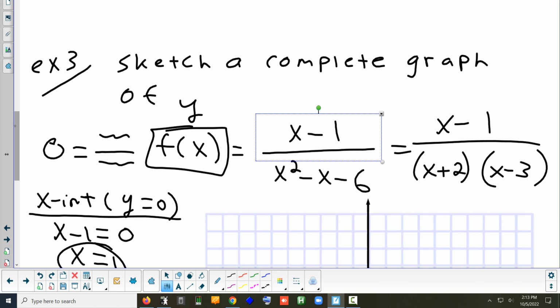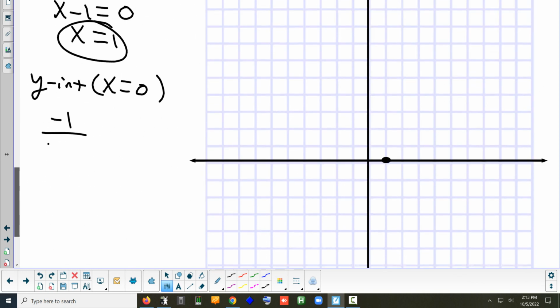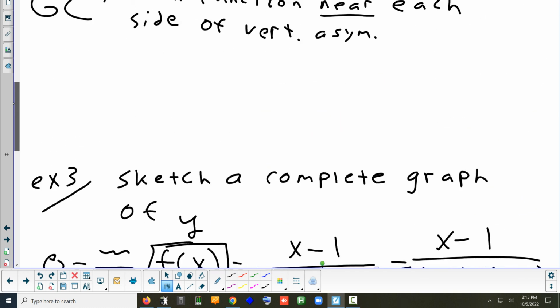Doesn't matter which one of these you use. Just use this one. What's 0 squared minus 0 minus 6? Negative 6. So your y-intercept is 1/6. So it's just barely positive. Maybe about like that. That wasn't bad. It's a couple points we got, but we need a few more things.